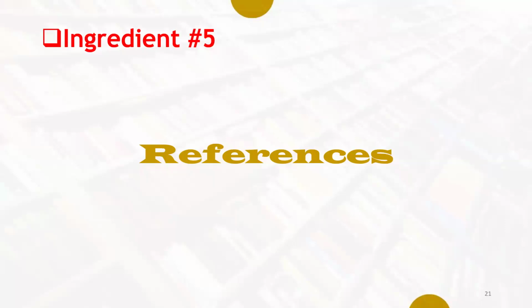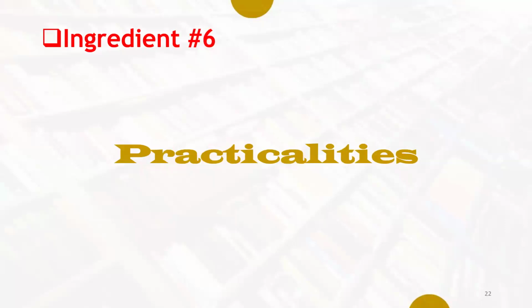And before we close this video, one more essential ingredient of a compelling research proposal: practicalities. Now, here's why I didn't tag this as a component. Practicalities can vary from institution to institution or academic committee to academic committee. However, it comprises a few important elements to make up ingredient number 6.